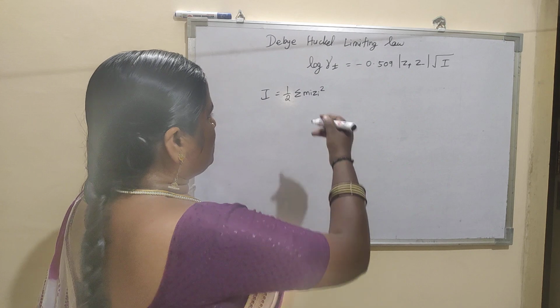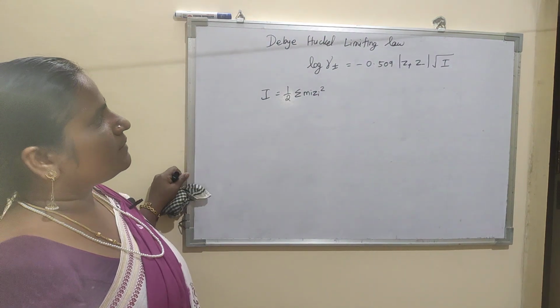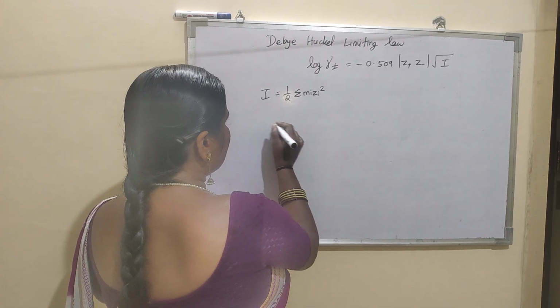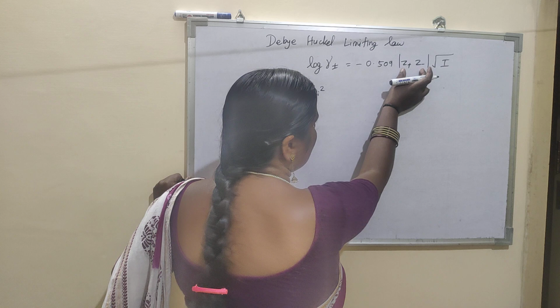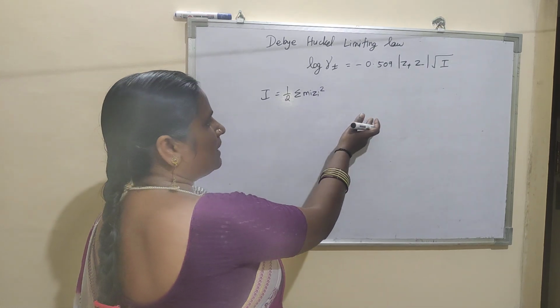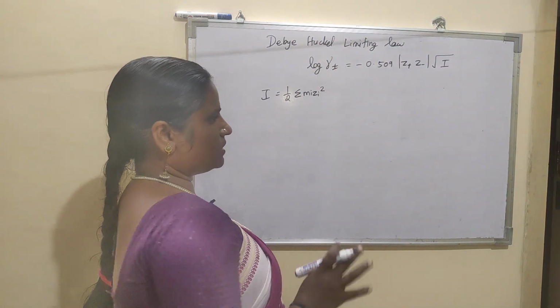Okay, so let us calculate the mean activity coefficient for some electrolyte. If you know the I, you can substitute here, and you know the charges of the electrolyte, and whatever number comes, when you take the antilog of that number, you will get the gamma plus or minus.